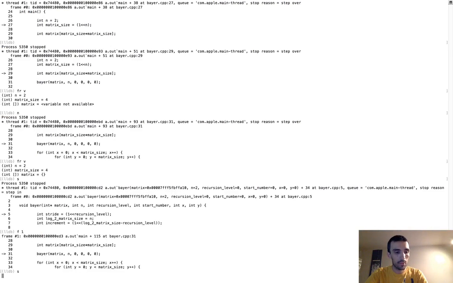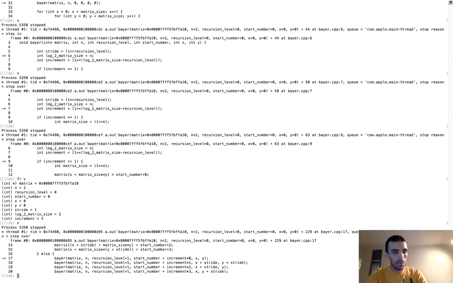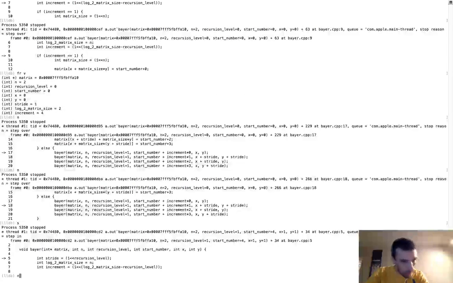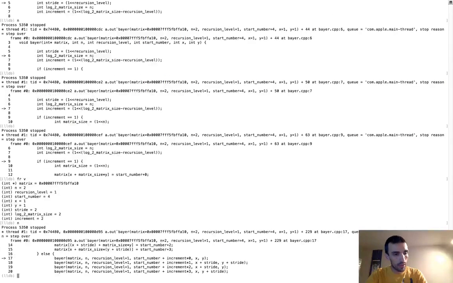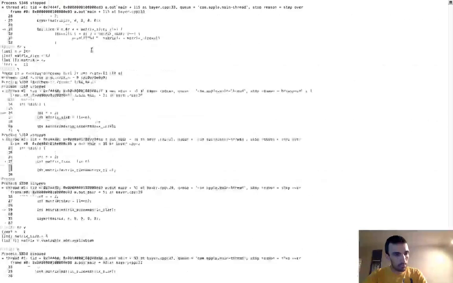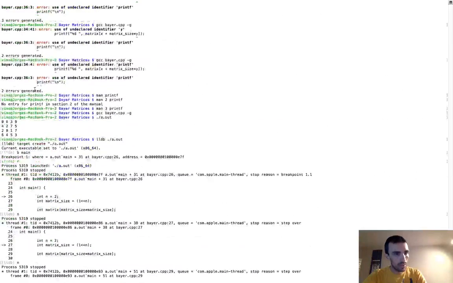Okay. So let's hop in here. My increment starts at 4, and then my recursion level goes up by 1. And now my increment is 2. Wait a minute. Was my array the right size?